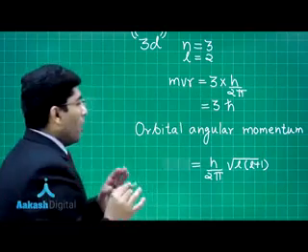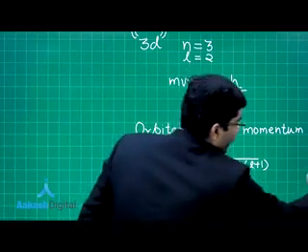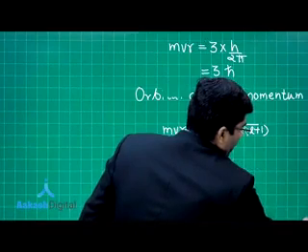So this is the formula of orbital angular momentum. Let's find the value.